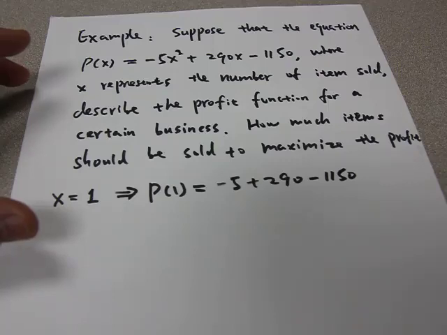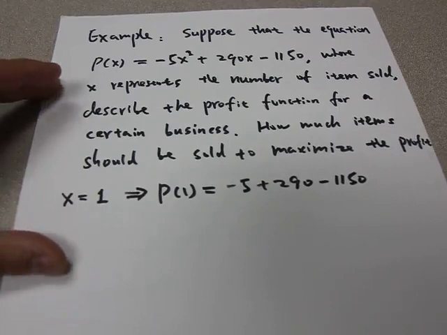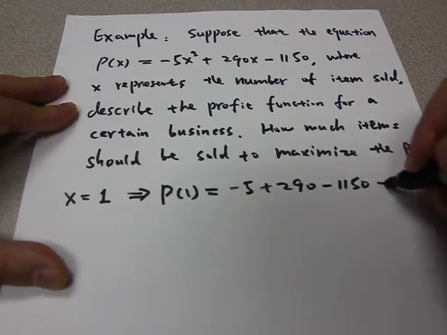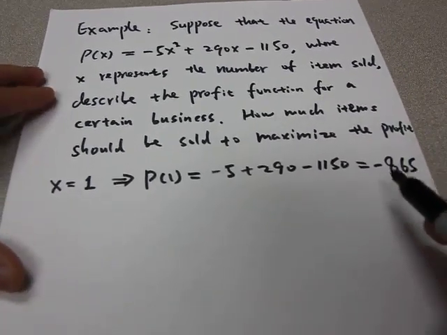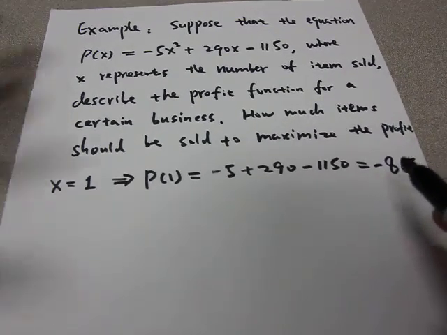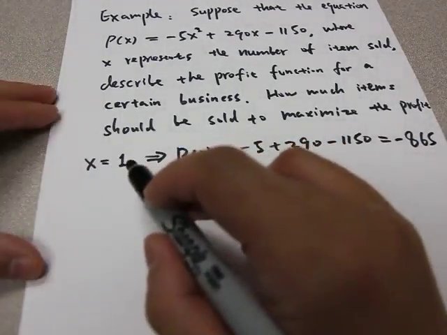Here the number is negative 65. So this is your profit from selling this number of products.